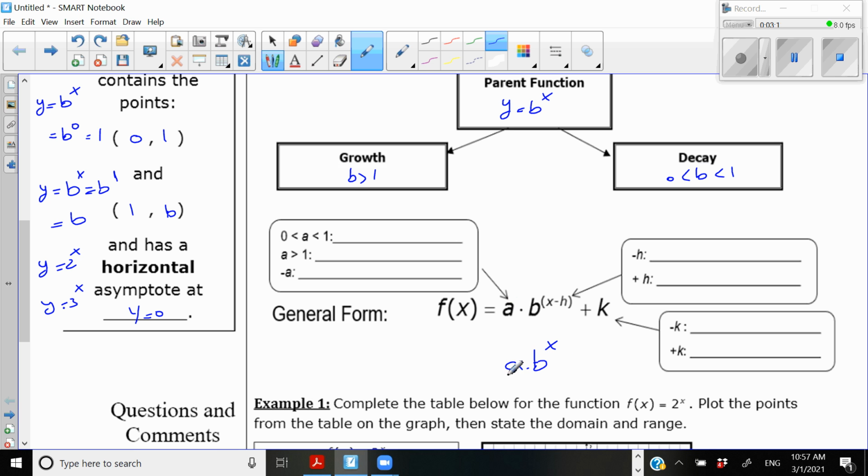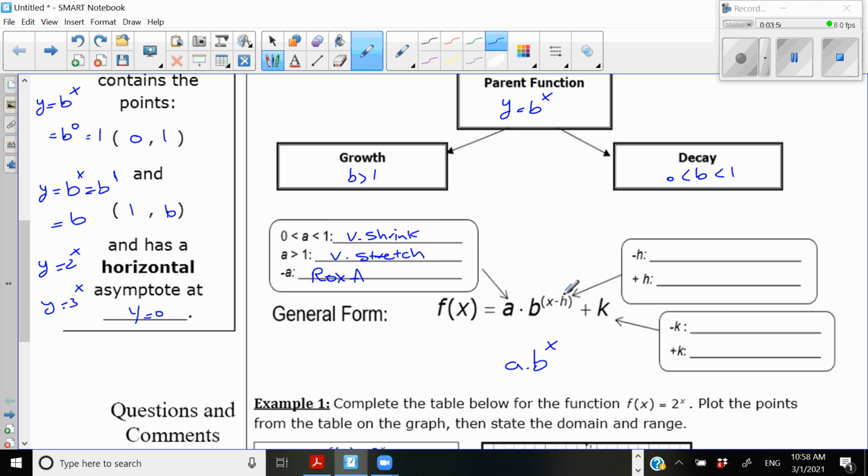If this a value is a number between 0 and 1, then you will have a vertical shrink. If the a value is a number which is greater than 1, then you will have a vertical stretch. Also, if you have a negative in front of your a value, if basically this number is negative, that means we have a reflection over the x-axis.